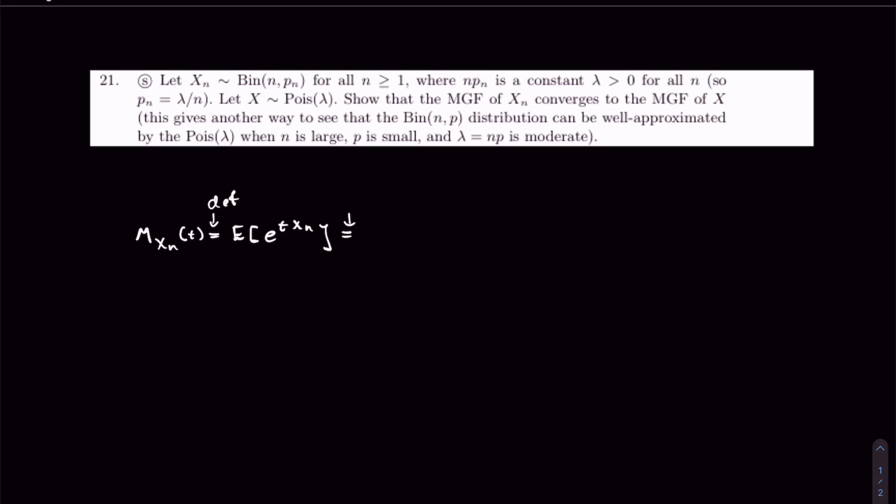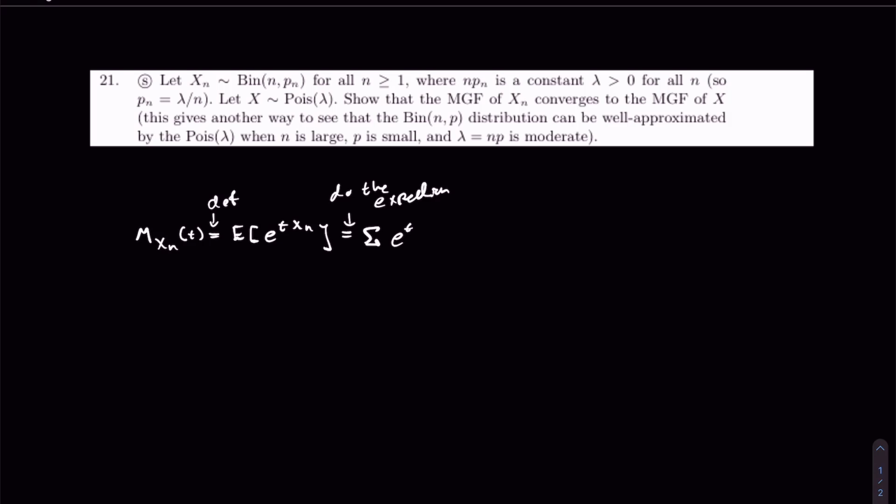Here we're going to do the expectation. The expectation here is the sum over the support of Xn, because Xn is a binomial variable.